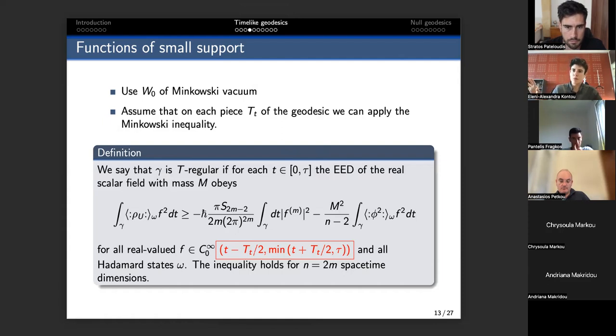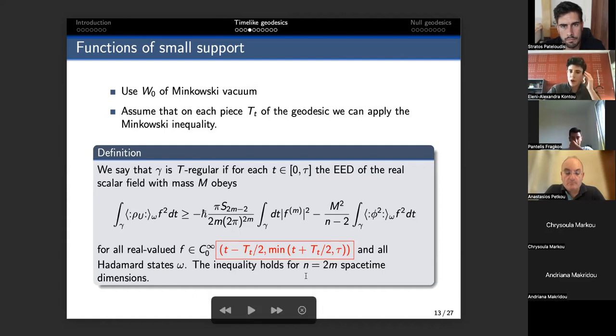The second term remains as it is. And this inequality is valid for all those functions of small support, from t minus tt over 2 to t plus tt over 2, until the end of the integral at a proper time tau. And this is valid for all Hadamard states omega.